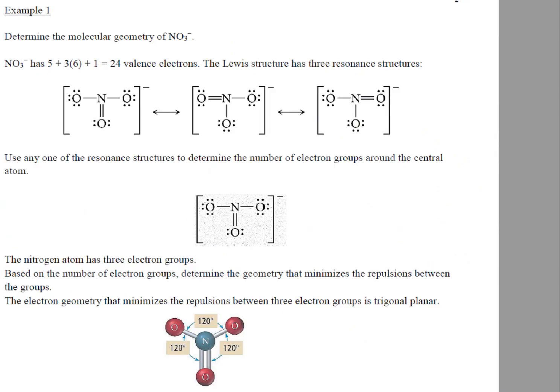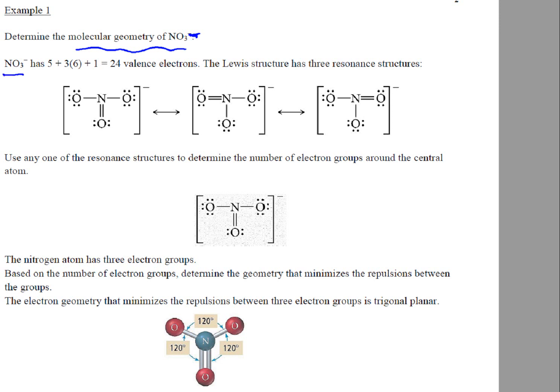Let's practice this question. This question is about resonance. Determine the molecular geometry of NO3. If you have a question like this, you should first count the number of electrons around the central atom and the number of electrons in the whole molecule, NO3, and remember that it has a minus, meaning it has one more electron.